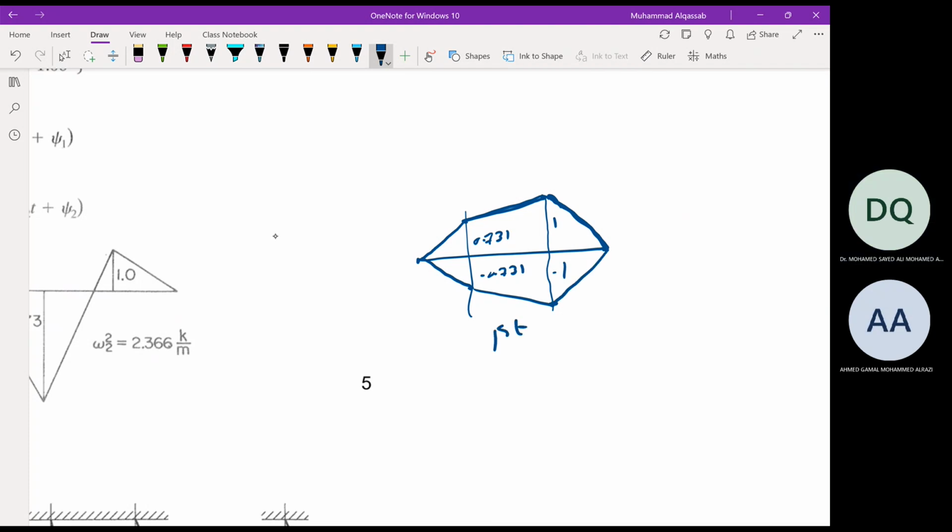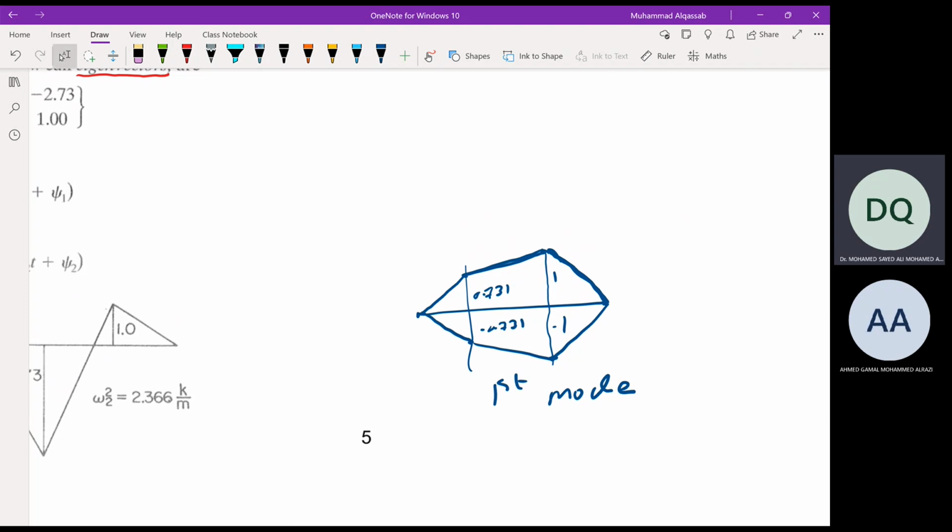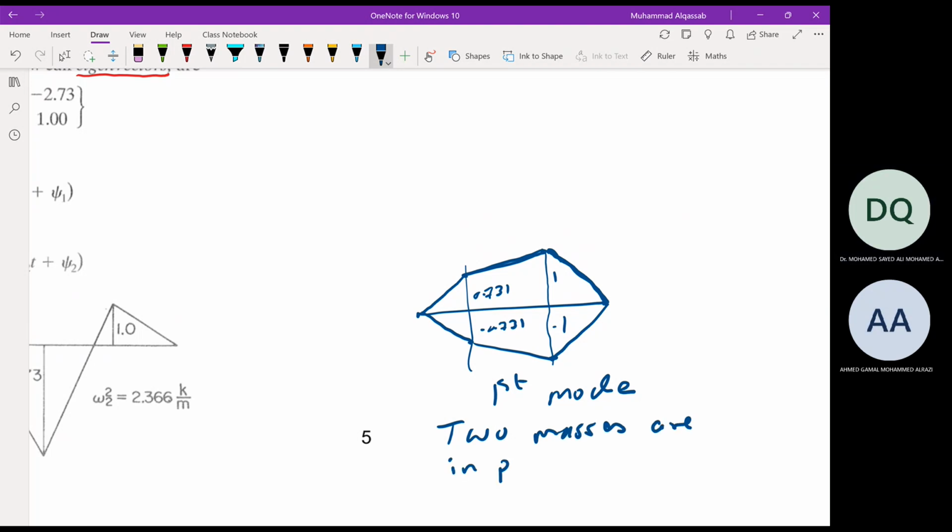This is the first mode, and this is called the mode shape of the first mode. As you can see, this is similar to the simply supported beam, although that was continuous, but the two masses are moving in the same direction. Okay, so the two masses here are in phase, which means they move together in the same direction.